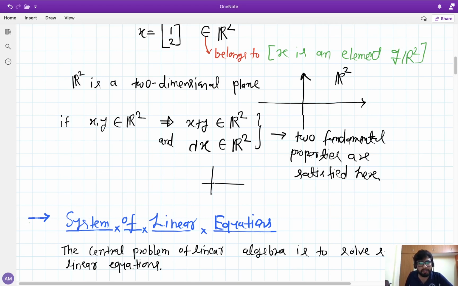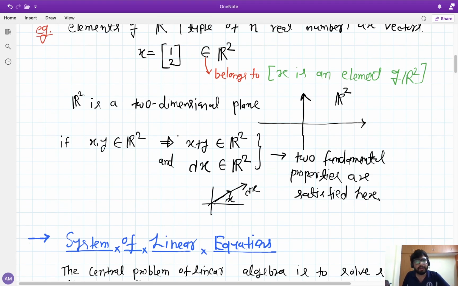If this is x, then lambda times x, if lambda is greater than 1, will be something like this. Again, it is in the R^2 plane and it is a vector. So two fundamental properties are satisfied here.